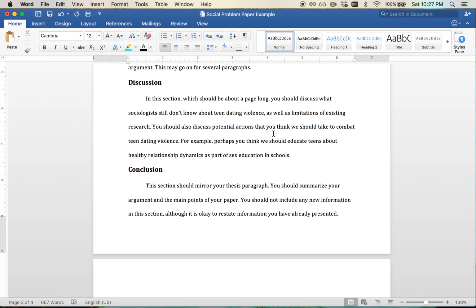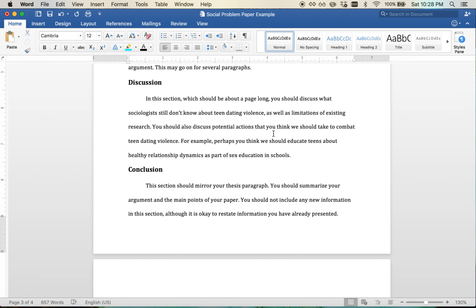For example, the studies of teen dating violence have specifically looked at high school students, but we don't know much about middle school students. Or you could argue that we don't know enough about how men experience teen dating violence because men underreport intimate partner violence.